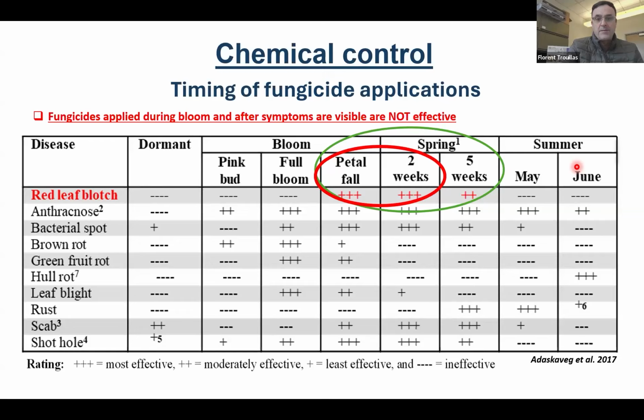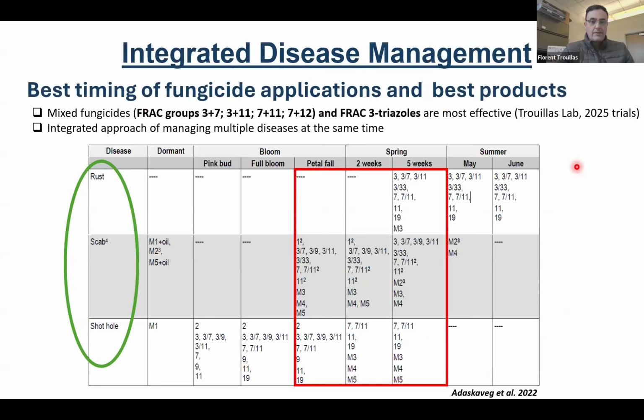Some of this sporulation dynamic is showing that this time of the year is not yet the highest peak of sporulation, but nevertheless, what we're trying to do with those three sprays is to protect the young leaves. Again, at full bloom, targeting only the flowers will have no efficacy at protecting your almond trees against red leaf blotch. So the approach here has to be an integrated disease management approach.